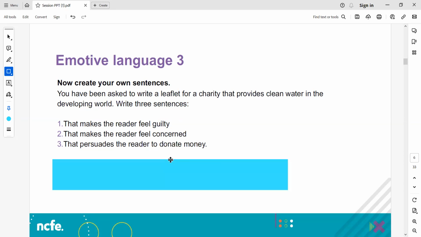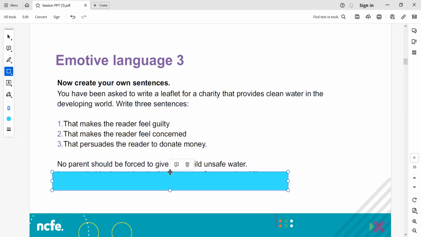Okay, we'll have a look at the first one, and then I would really like if someone could give us an example of having a go at the second one, if possible. So, number 1, makes the reader feel guilty. No parent should be forced to give their child unsafe water. So, we've got the word forced.